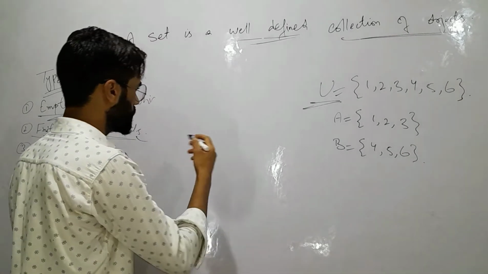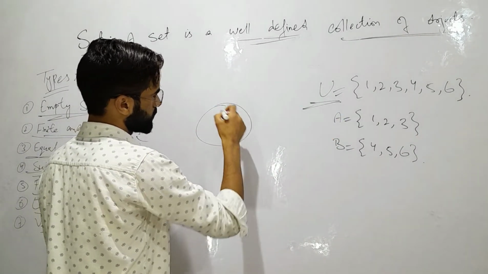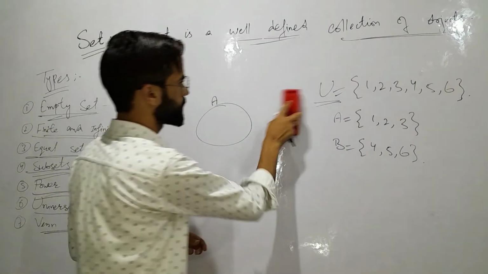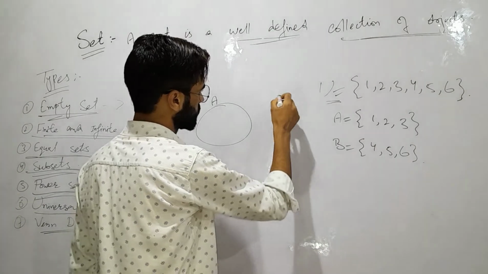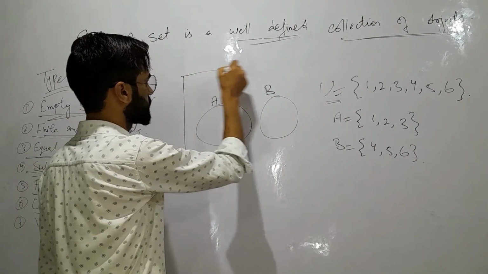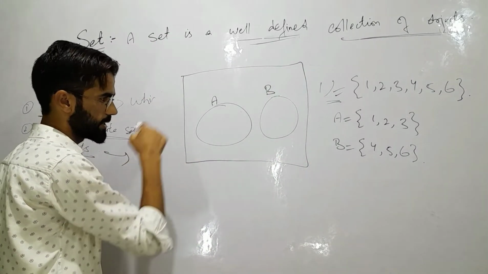For example, we represent set A by a circle, and set B by another circle. And this is your universal set. It contains all sets in the given context.